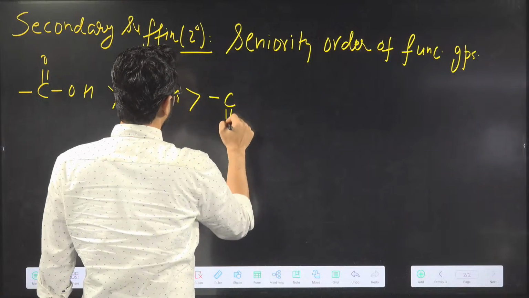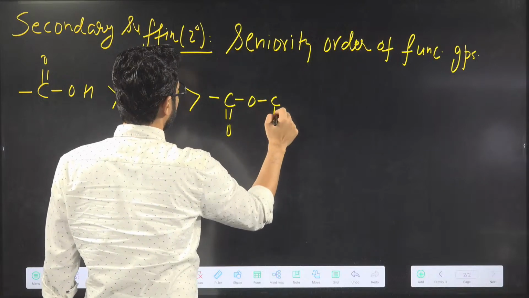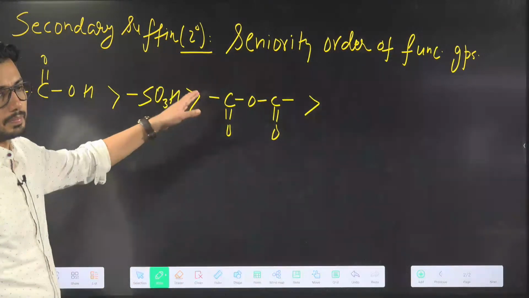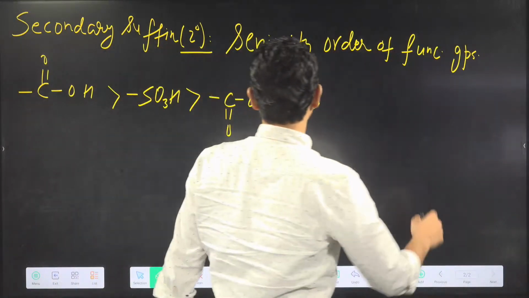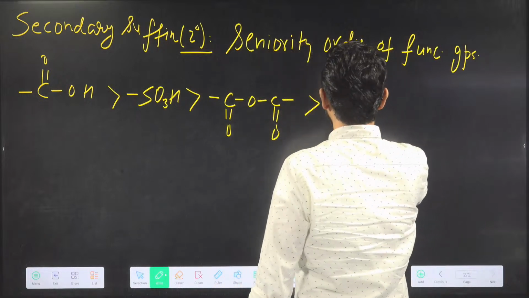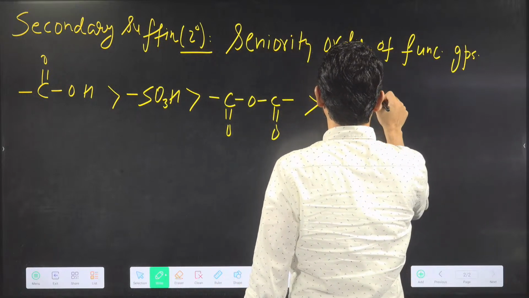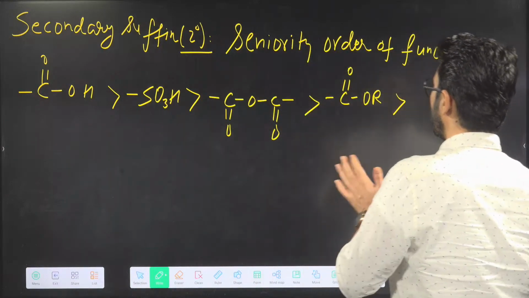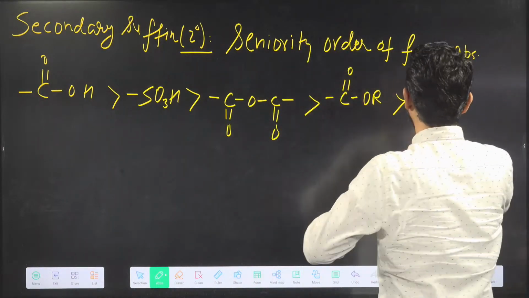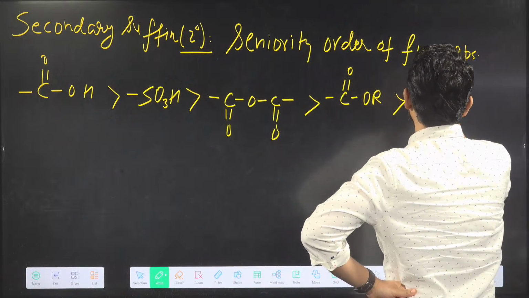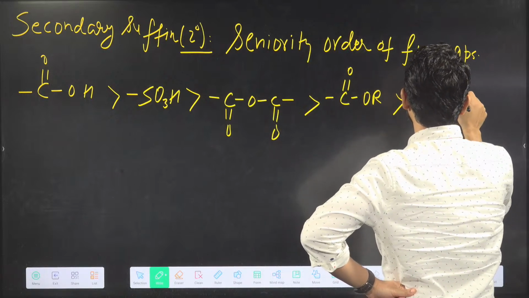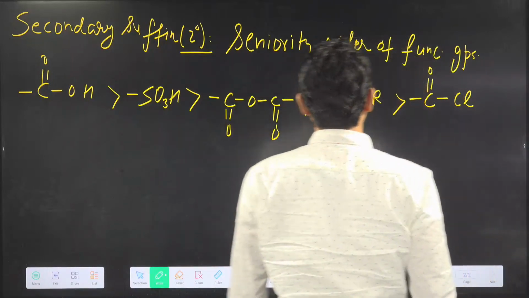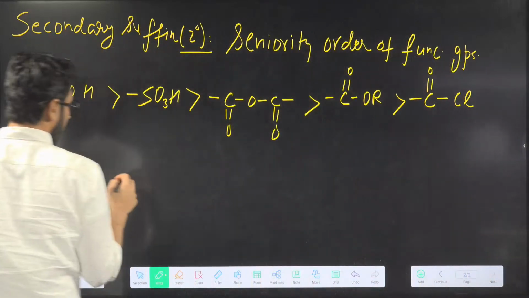Then it is anhydride. In NCERT anhydride is not given, so you can add it here: anhydride, then ester, then acid halides, X. Generally we use a halogen like Cl, otherwise COX, acid halide or acyl halide.